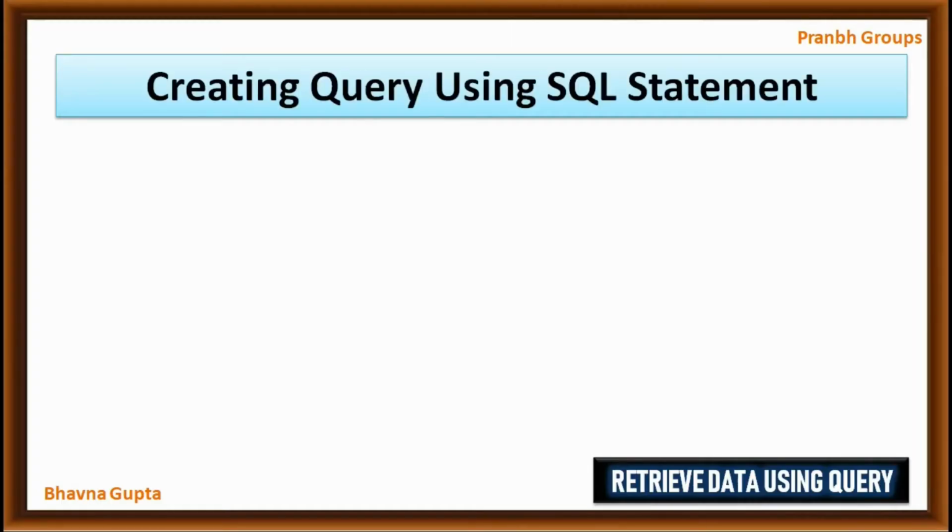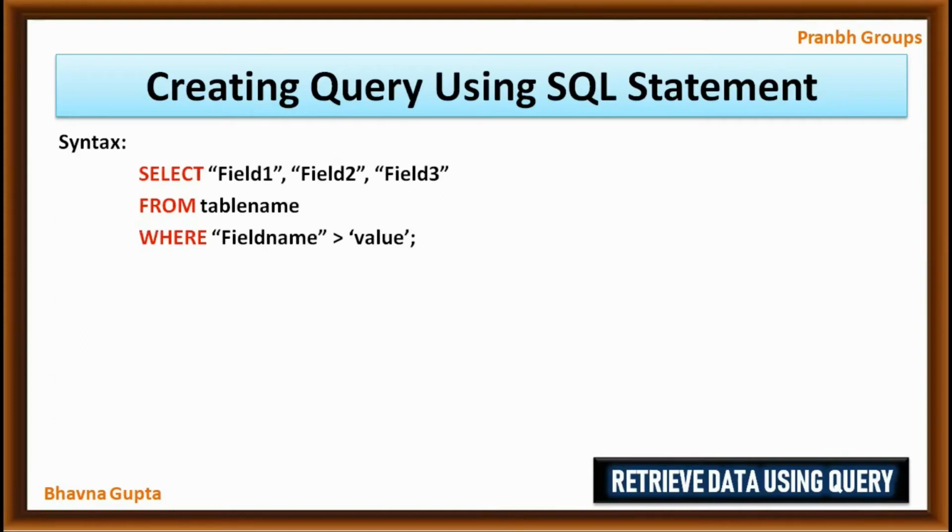The second method for creating a query is using an SQL statement. Syntax: first, use the command SELECT, and then type the field names, field 1, 2, 3, using a comma operator, and then the command FROM and type a table name.